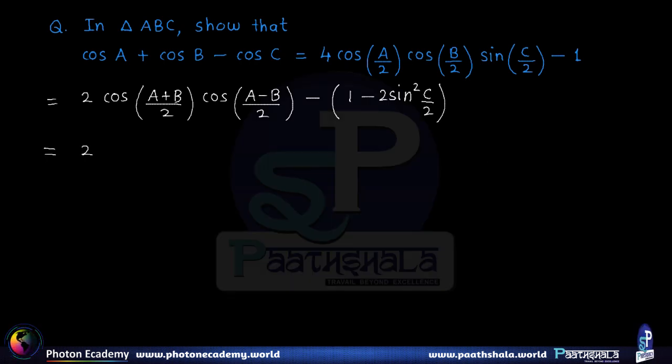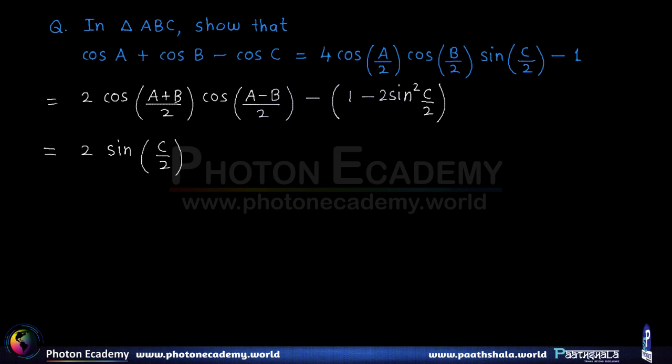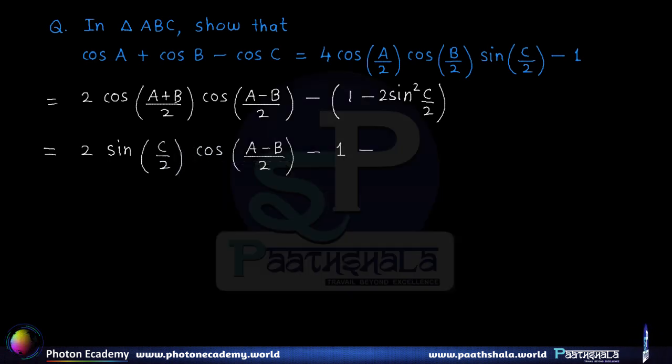So here we replace cos((A + B)/2) with sin(C/2), taking advantage of angles of a triangle. Once again the reason for doing this is that sin(C/2) is a required term in the RHS, so we must somehow adjust it. The second term cos((A − B)/2) remains as it is, we can't change it. Opening the bracket we have −1 + 2 sin²(C/2). So we got the term minus 1 which is required.